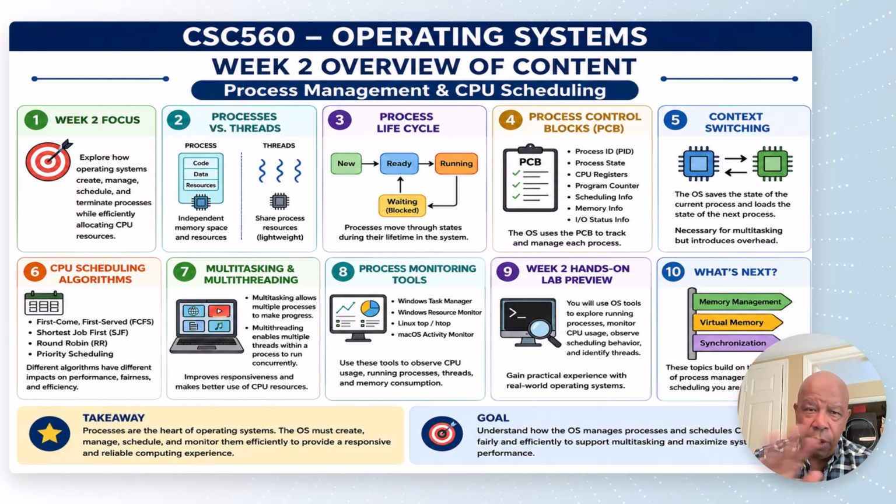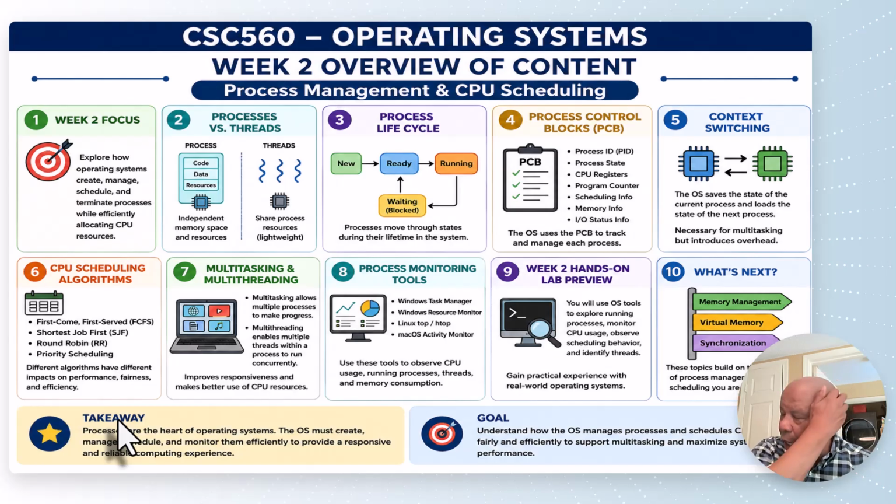Looking at the overview of the content we're going to be talking about in week 2: process versus threads, the process life cycle, process control blocks, context switching, CPU scheduling, multitasking and multi-threading, and process monitoring tools.